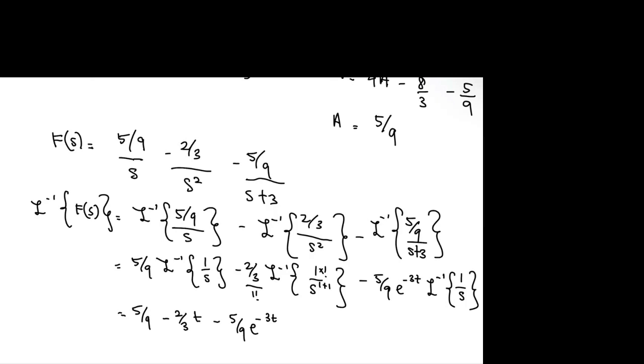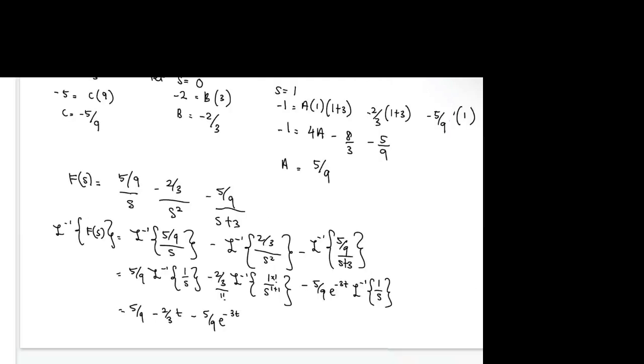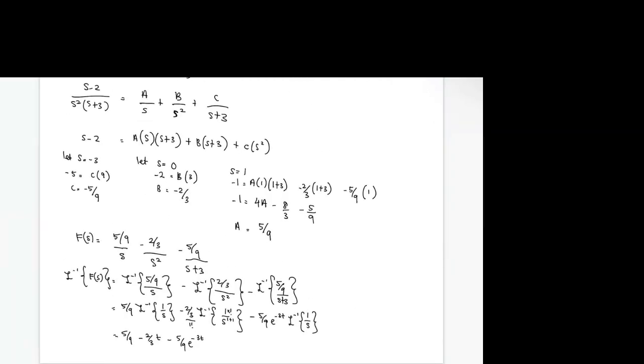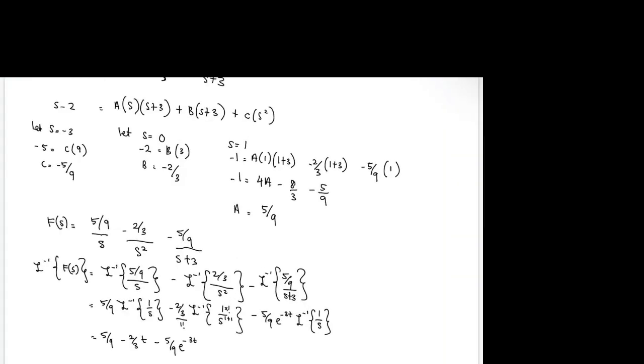So 5 over 9 minus 2 over 3 t minus 5 over 9 exponent minus 3t. Okay, a little bit different from the first three.